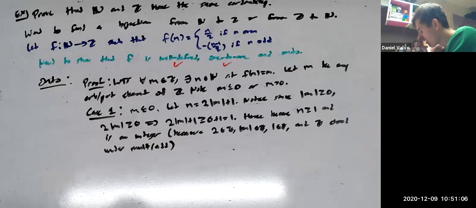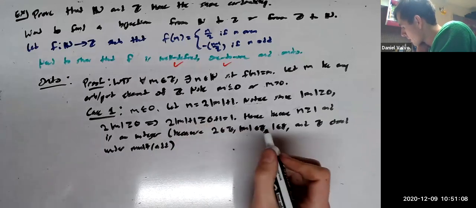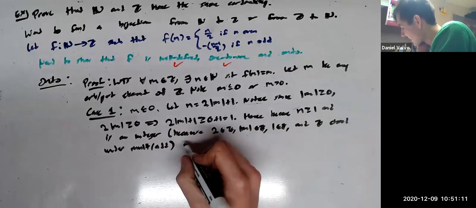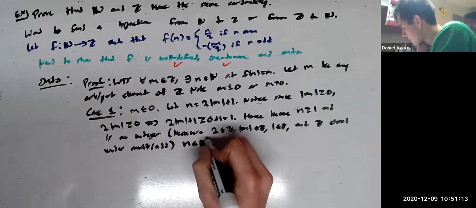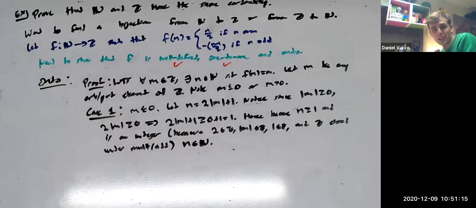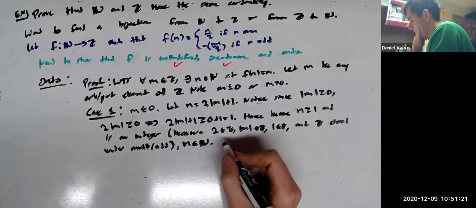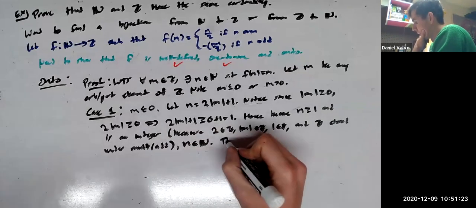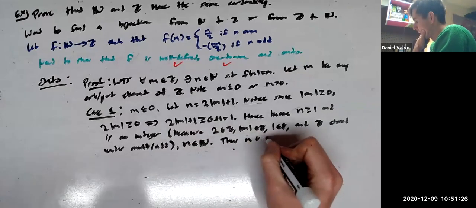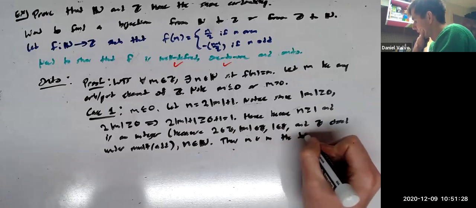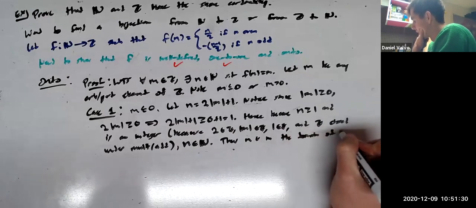So because n is an integer, n is greater than or equal to 1, n is an integer, n is in the natural numbers. Because natural numbers are integers greater than or equal to 1. And we need that, because that implies thus n is in the domain of f.